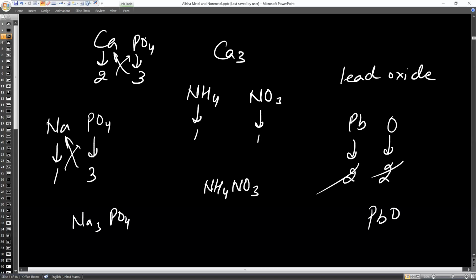When there is more than one kind of atom, we have to multiply. If there is no need to multiply because it is 1, we don't multiply with 1, so we write Na3PO4. But here it is 2, which is going to multiply with this group, which is greater than 1, so you have to write this in brackets: Ca3(PO4)2. You have to write it like this. Got it?